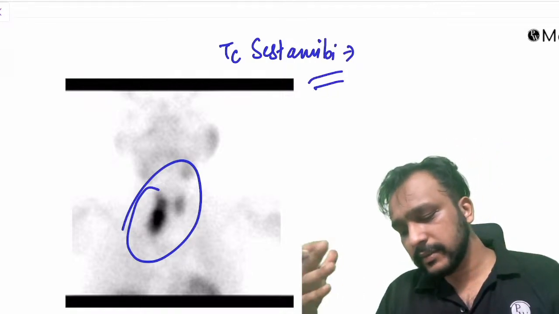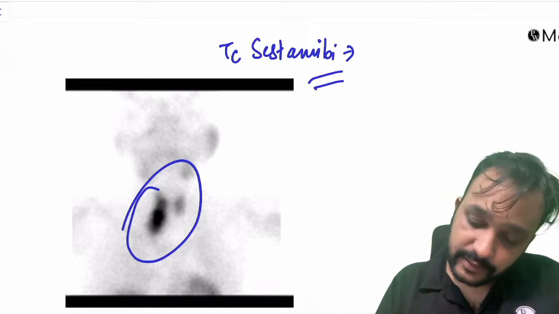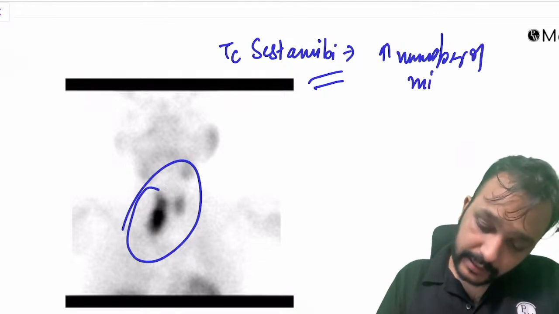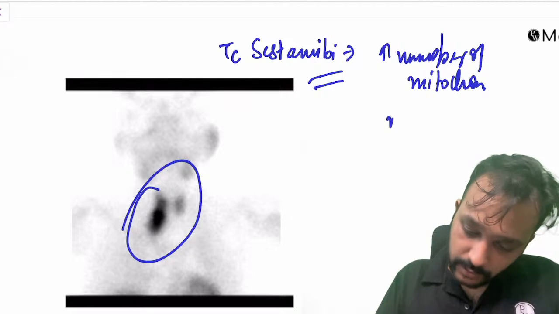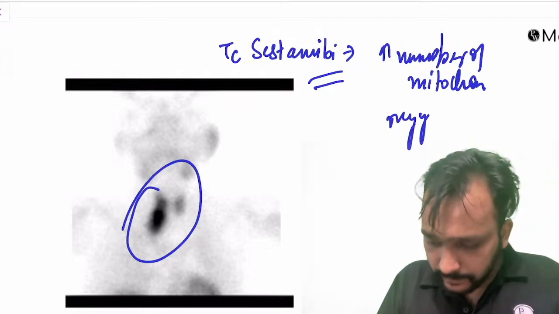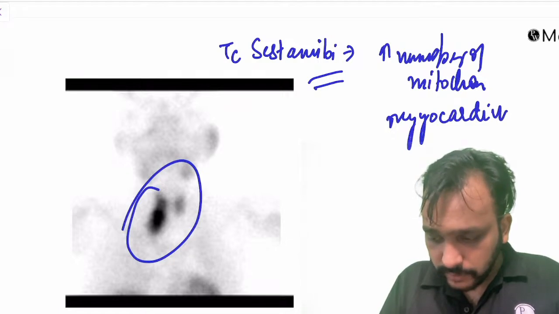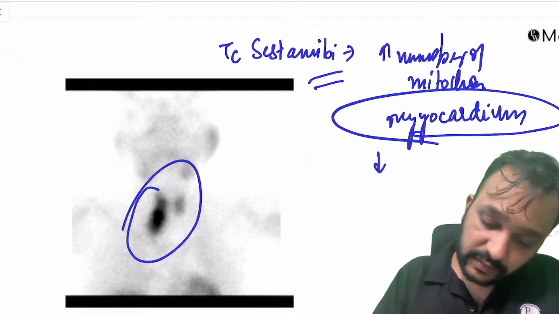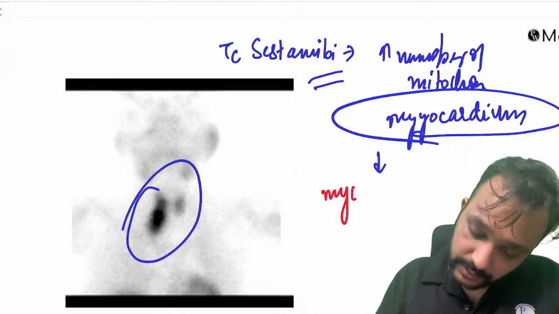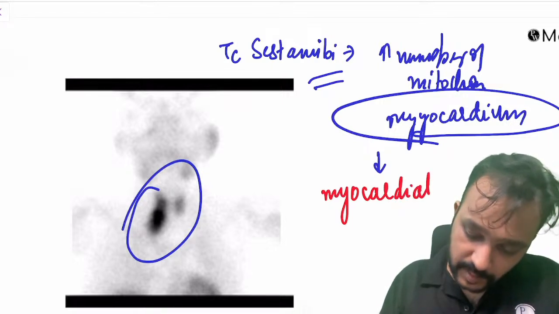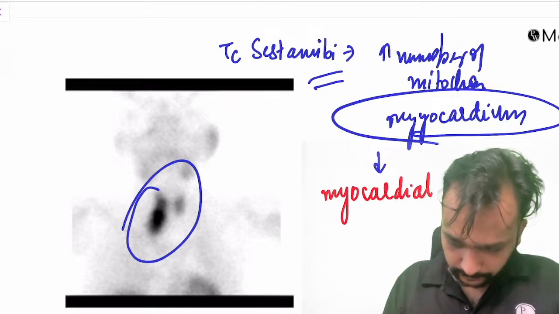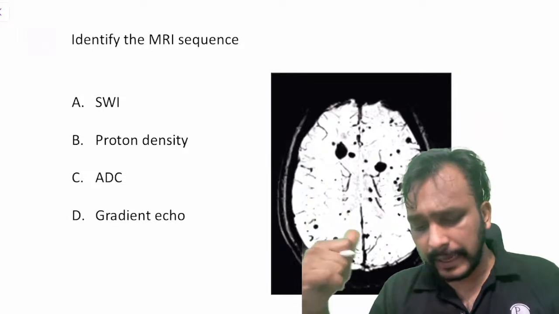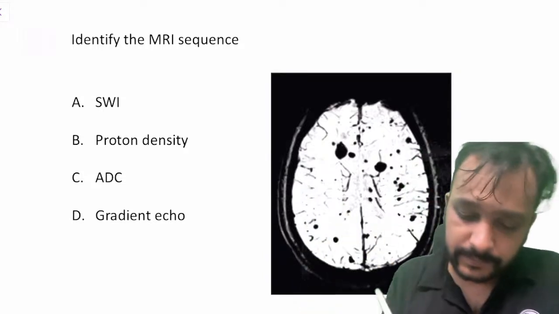Cysta BV will show increased uptake in cells with an increased number of mitochondria, and that is shown by cells of the myocardium. They show increased uptake on the Cysta BV scan. So this Cysta BV scan is used for myocardial perfusion imaging. So two important indications: one is parathyroid adenoma and the other is myocardial perfusion imaging.